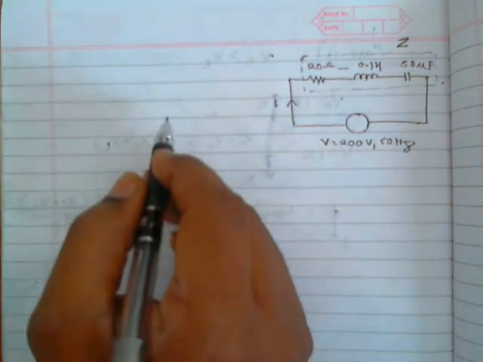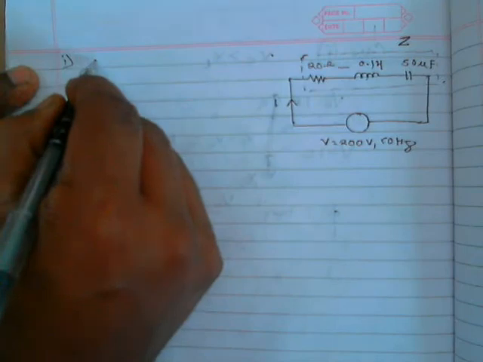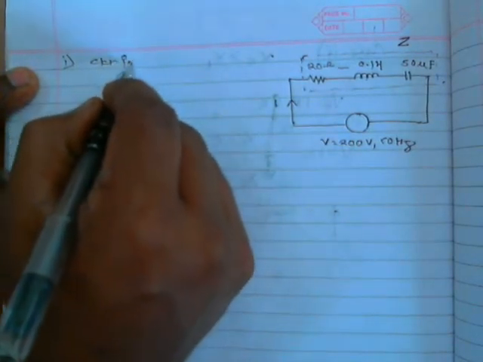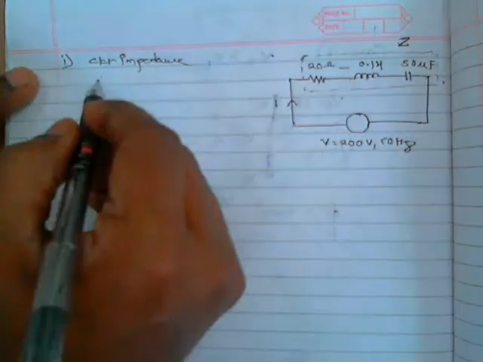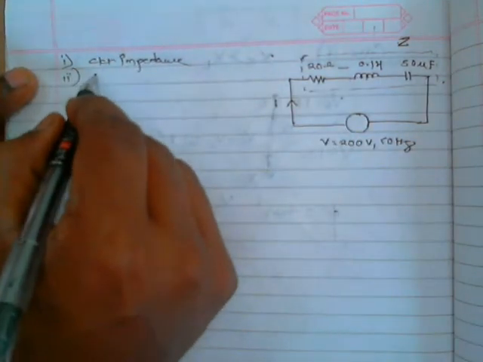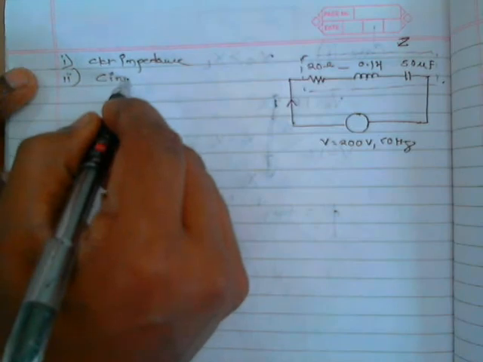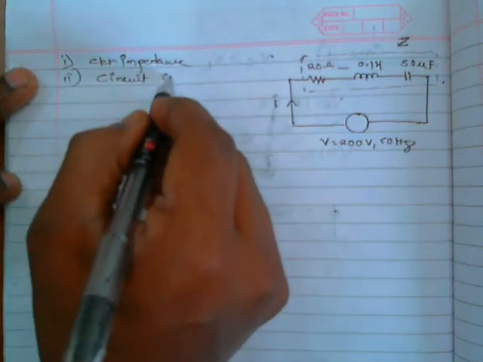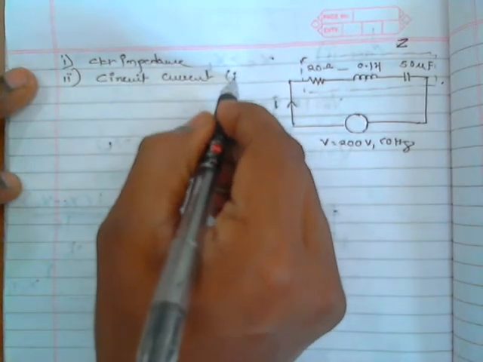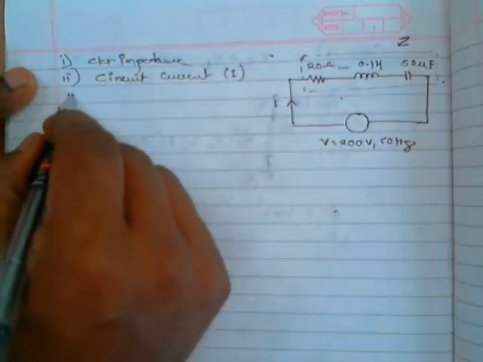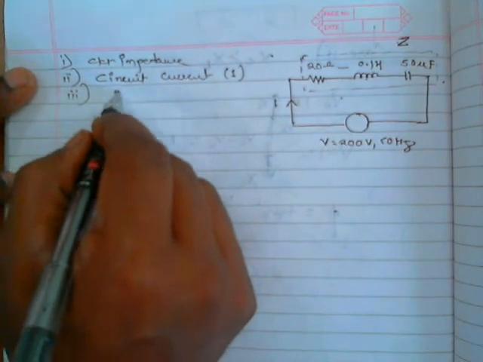The question is, for the circuit shown, determine first the circuit impedance, meaning the total impedance Z. Next, the circuit current, meaning this I. Then the power factor.